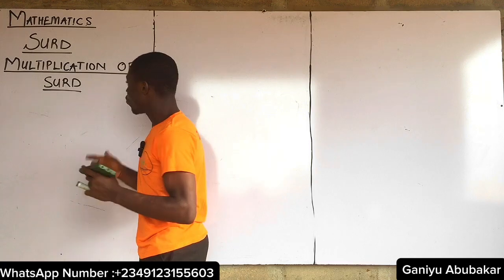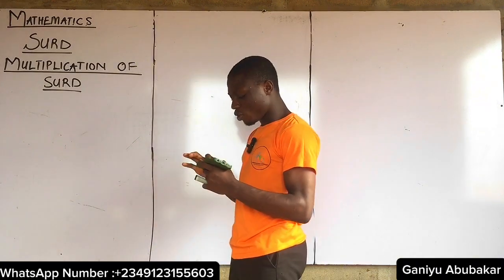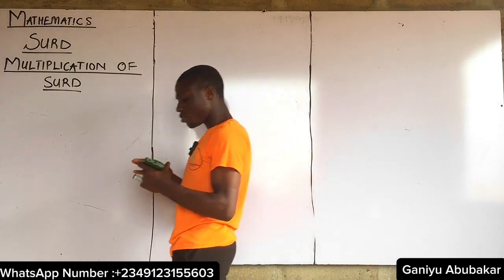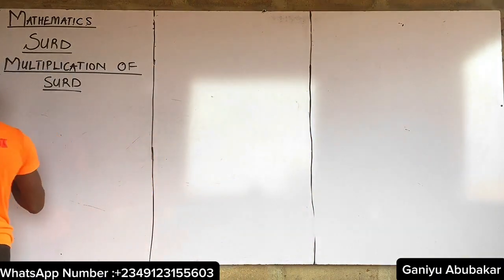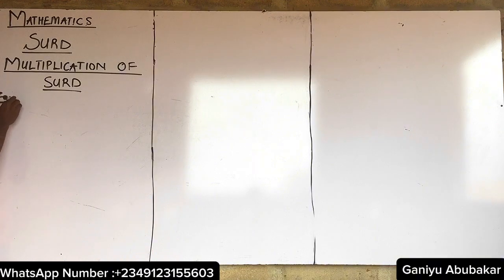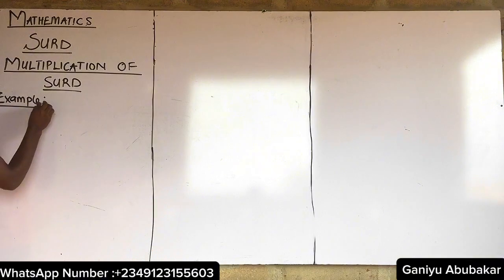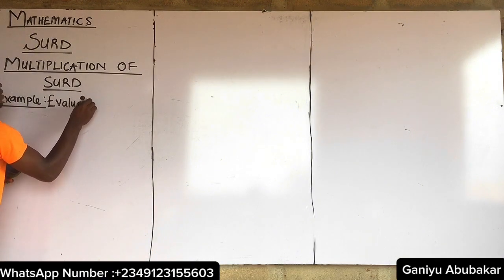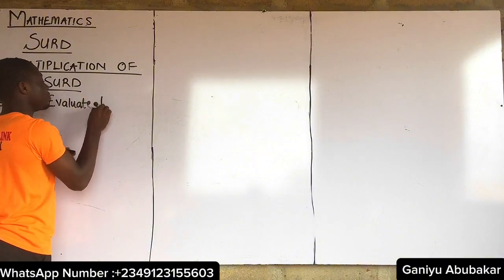Let's take a quick example to further explain the concept behind multiplication of surds. Example: evaluate the following.